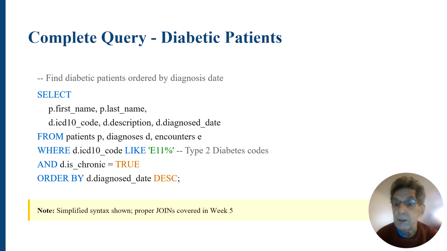The where clause uses like to find the ICD-10 code that starts with E11, which is type 2 diabetes. We're also filtering for chronic conditions. The order by puts the most recently diagnosed patients first, which might be useful for identifying new cases that need care management outreach.